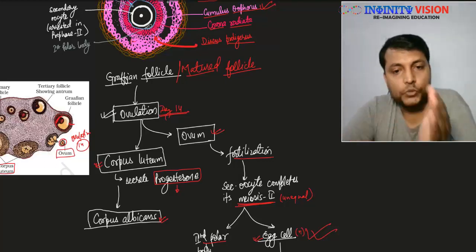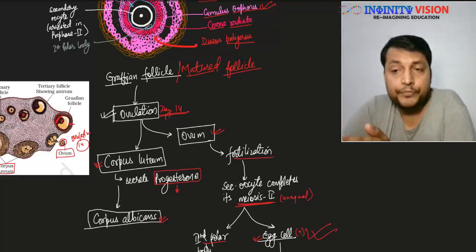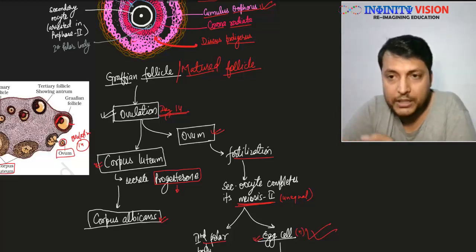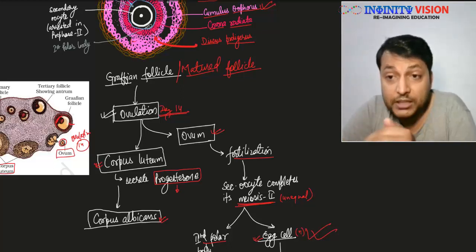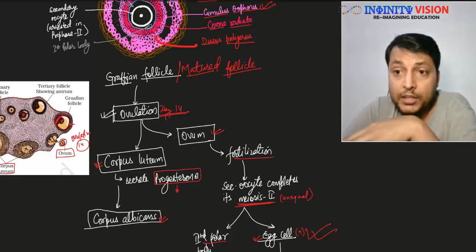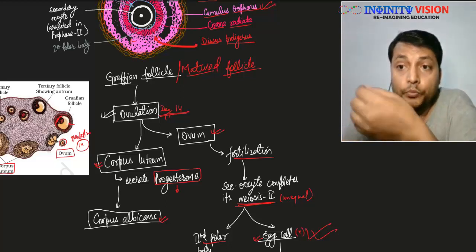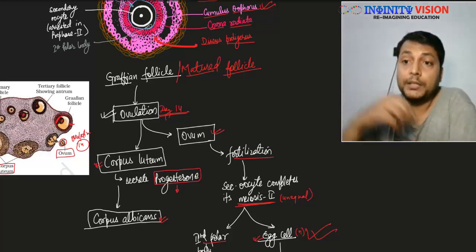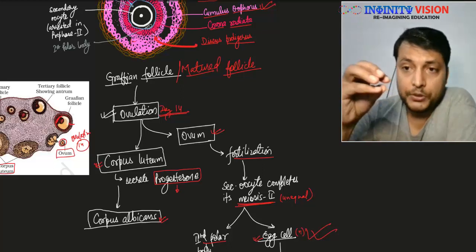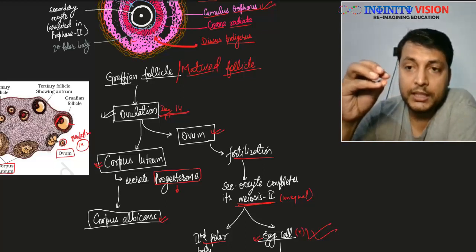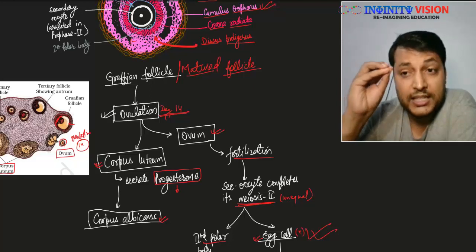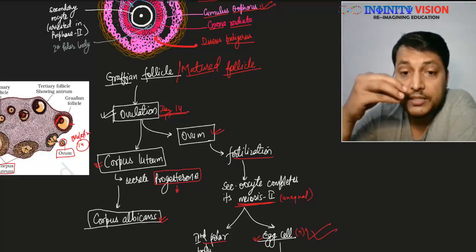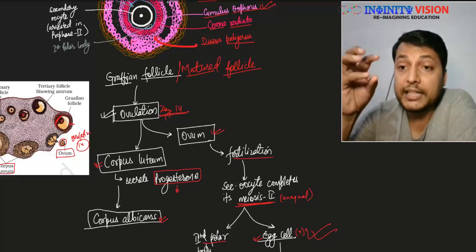Great. Now the ovum released has corona radiata and the secondary oocyte, zona pellucida, everything. This will meet the sperm. If it meets with sperm, fertilization will occur. When fertilization occurs, the cytoplasm of the sperm, containing centriole as well as the male pronucleus and a scanty amount of cytoplasm, will be released inside the secondary oocyte.